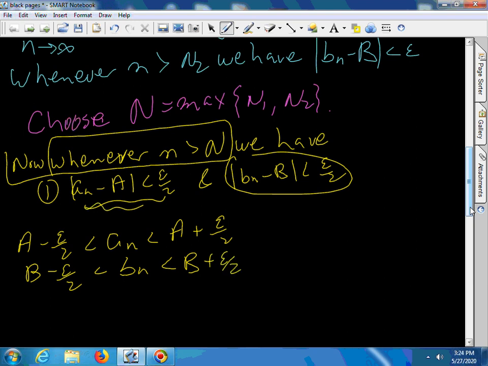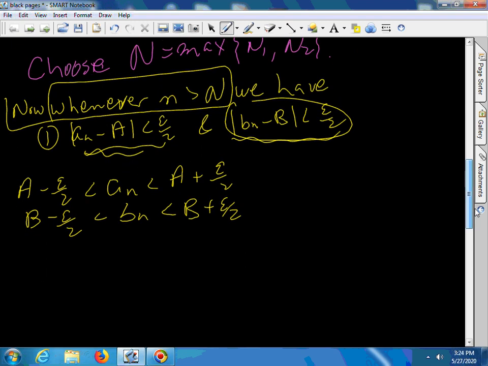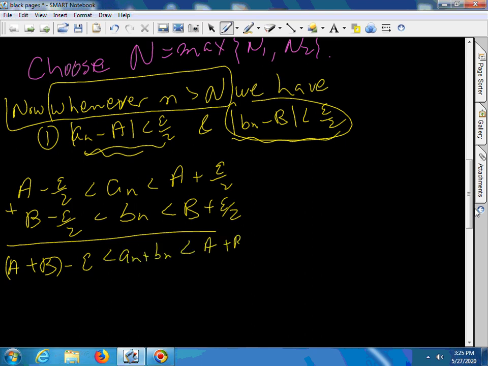That's just rewriting these two statements in a different way. If those two statements are true, well then when I add them, a plus b minus epsilon is less than a_n plus b_n is less than a plus b plus epsilon.